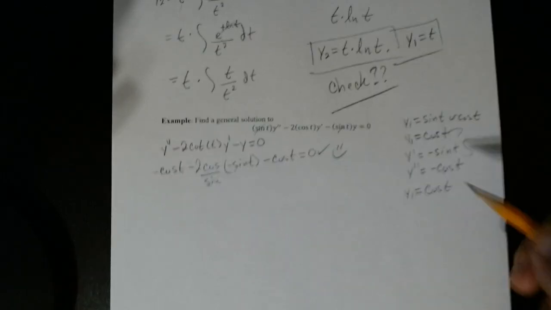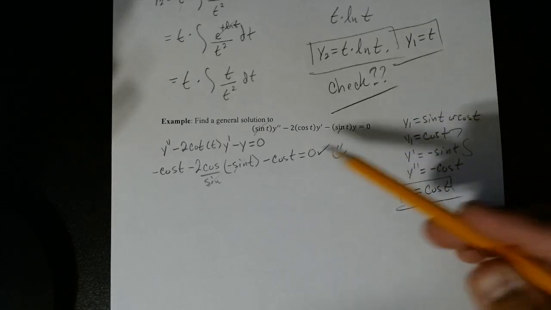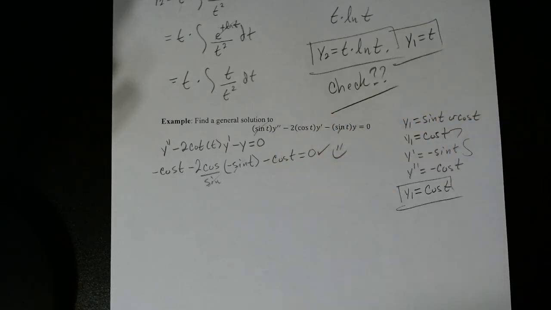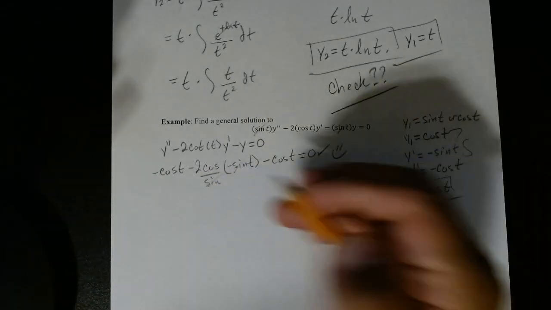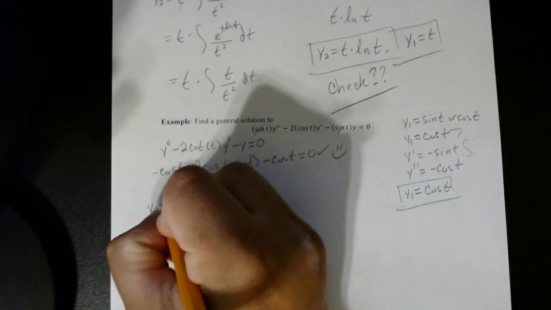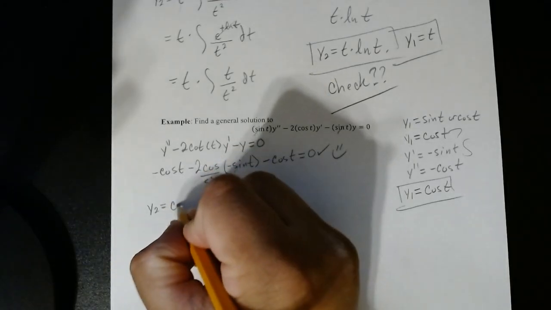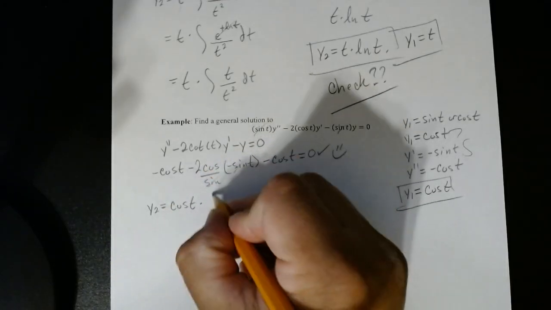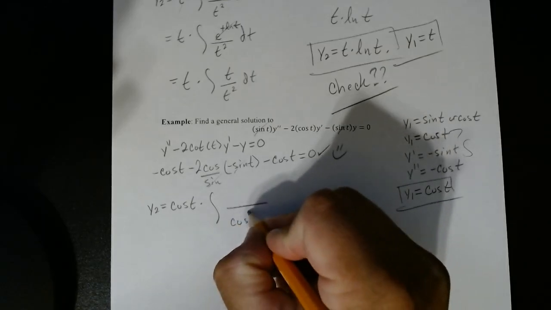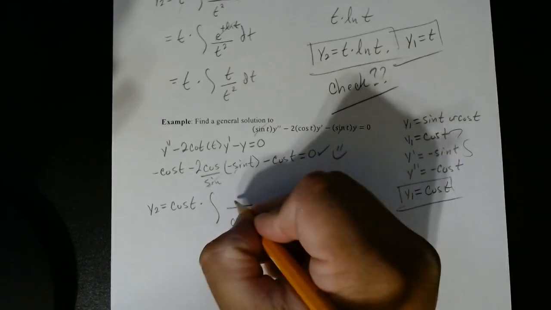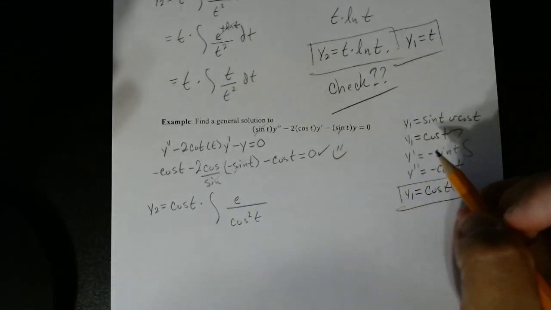So again, the best part is all we care about is that we found one, because now we can use our equation to find the other one. This is again going to be a little bit trickier. So to find y2, this is going to equal cosine of t times the integral of cosine squared, and on top e. Now this is where I go back to it.